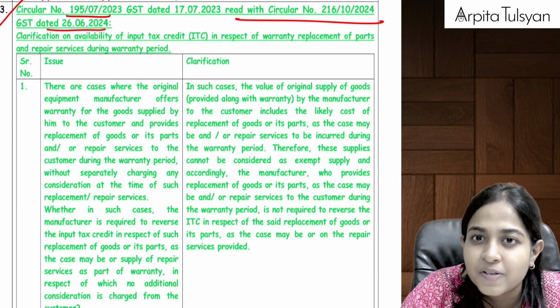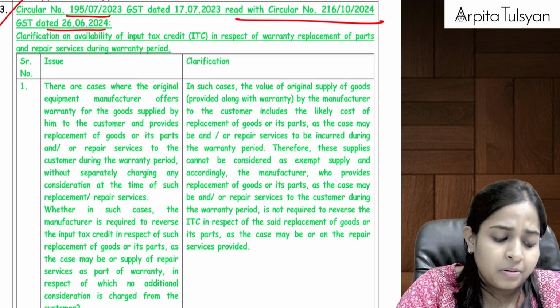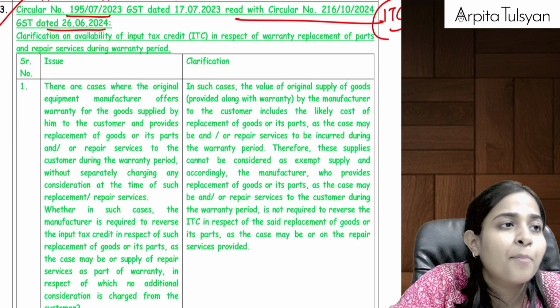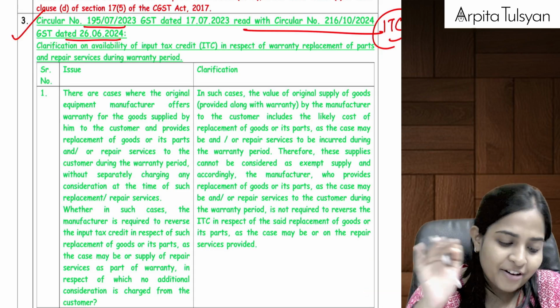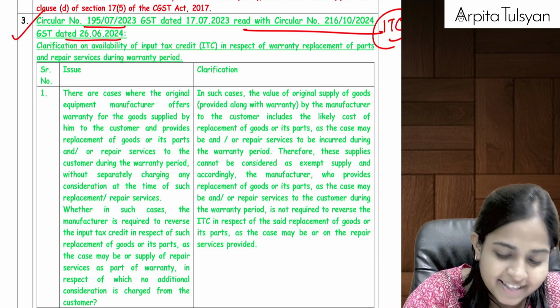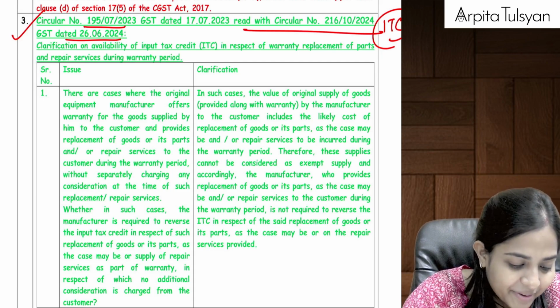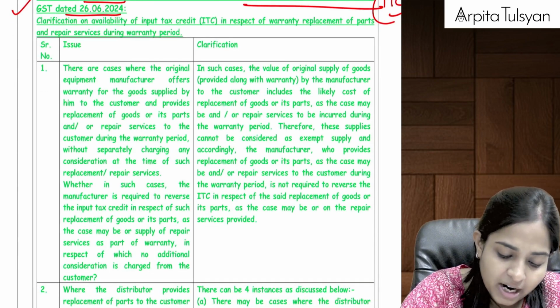Do you recollect there was a circular relating to that? Yes. So now, relating to that circular itself, we have got certain points under input tax credit. Let's try to understand the same. Now here, everyone just try to understand.